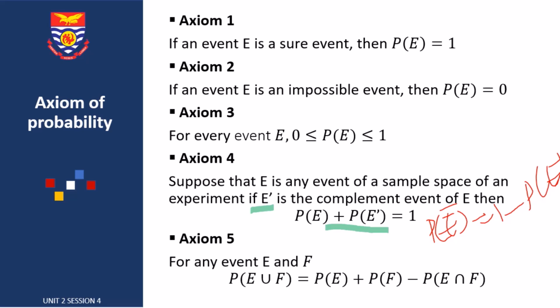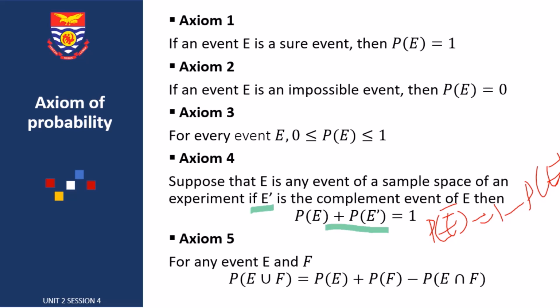Axiom 5. For any events E and F, the probability of either E or F or both, that is the probability of E union F, equals the probability of E plus the probability of F minus the probability of E intersection F.